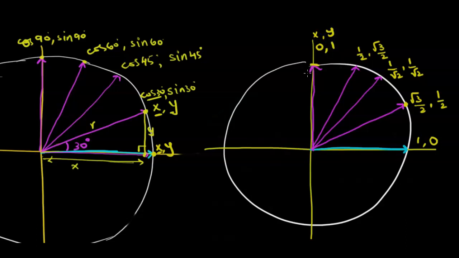And the y value here is going to represent the radius of the circle, which is equal to 1. In the earlier case, the x value represents the radius of the circle, which is equal to 1. So the angles that we're getting these values for are 30 degrees, next is 45 degrees, next is 60 degrees, and then the next is 90 degrees.